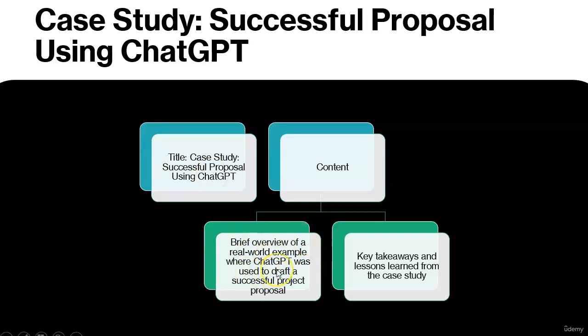By following the steps we have discussed, they were able to create a comprehensive and persuasive proposal in record time, which saved time and secured the necessary funding and stakeholder approval. The key takeaway here is that when used effectively, ChatGPT can significantly enhance the proposal writing process.